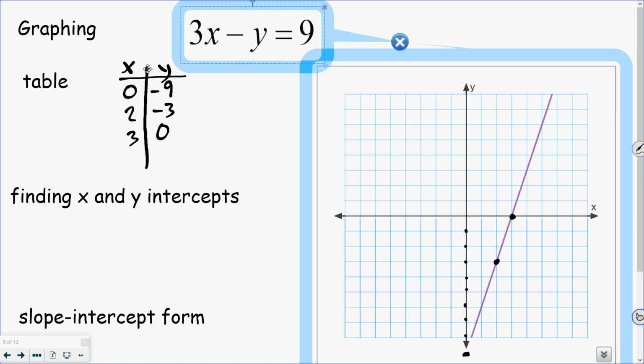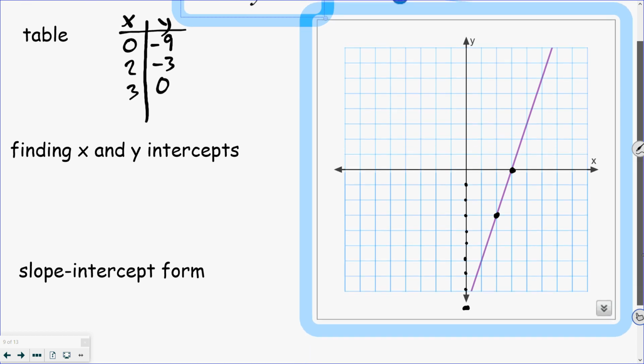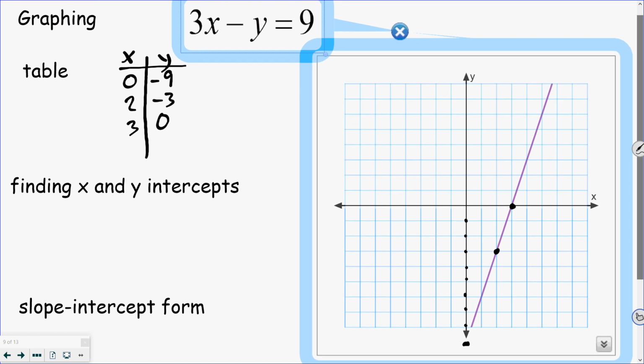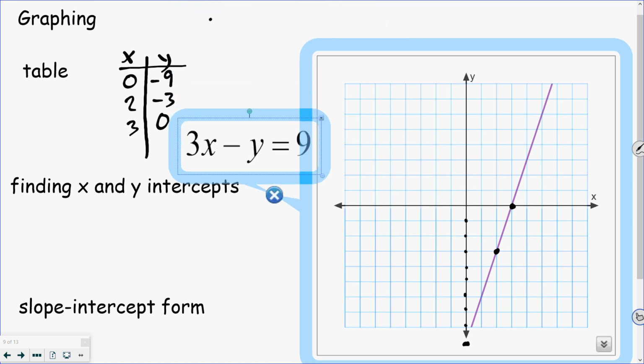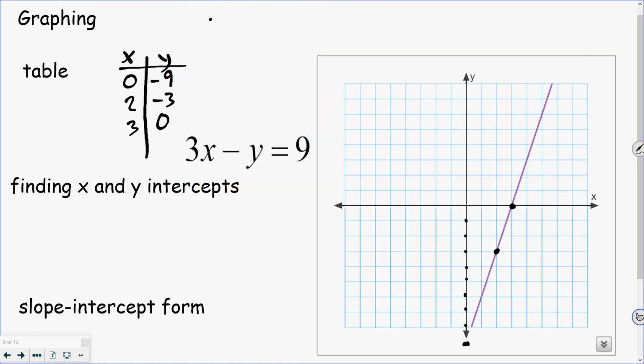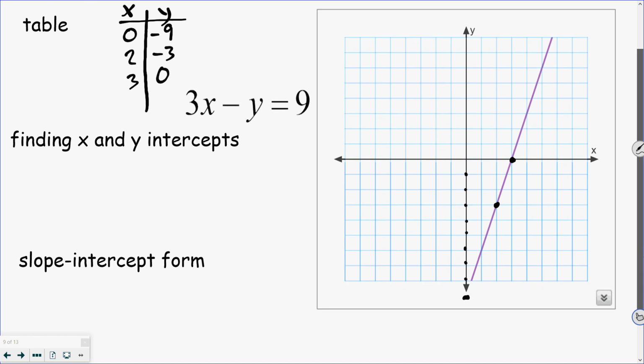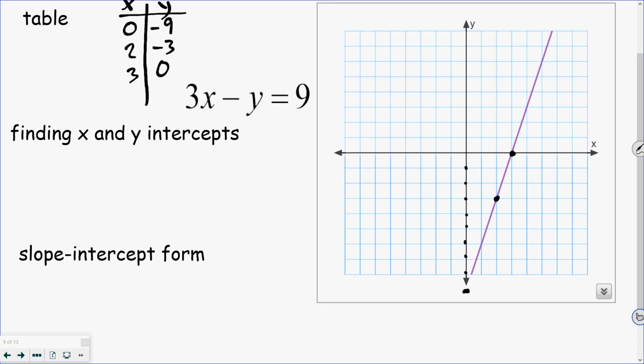Okay. So that is using a table. The second way we did it, let's come down here, is by using x and y intercepts. So I'm going to take that same equation. Let me just slide it down a little bit here so we can still see it. I'm going to take that same equation and find the x and y intercepts. So here's how we did it. To find the x-intercept, you plug 0 for y, and you find x.